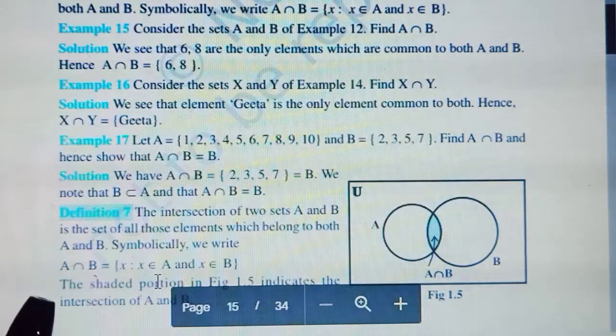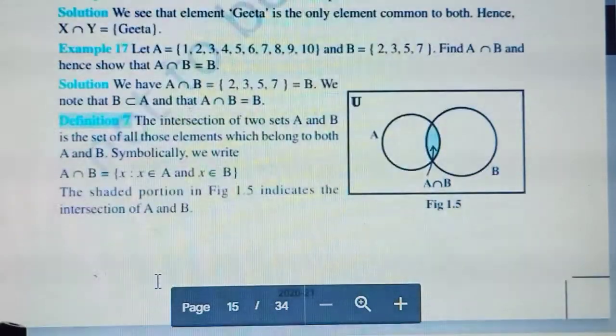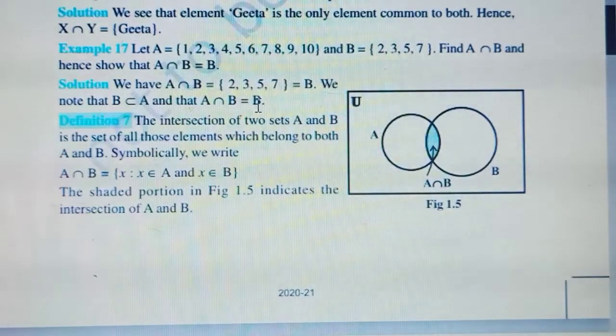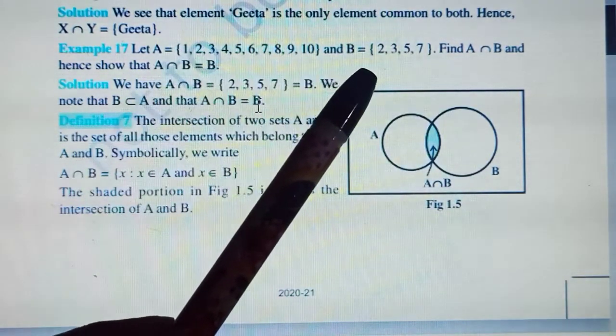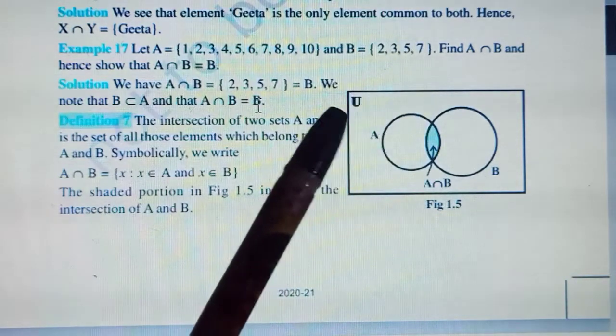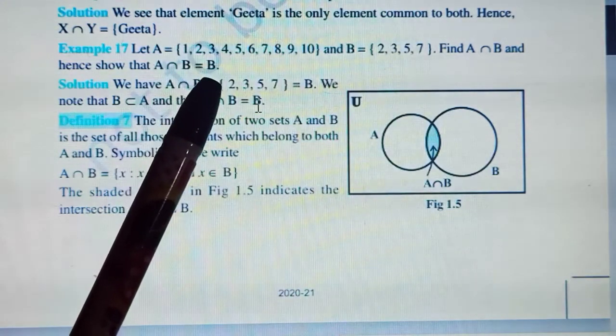Okay, let me see if there's any example. Okay, let's see this one only. For instance, this is a set A: 1 2 3 4 5 6 7 8 till 10 and B is 2 3 5 7. Now when we are finding intersection of these two sets, we look for common elements.